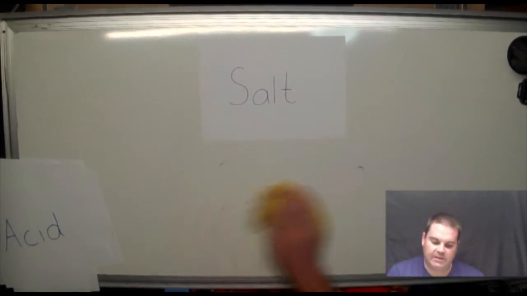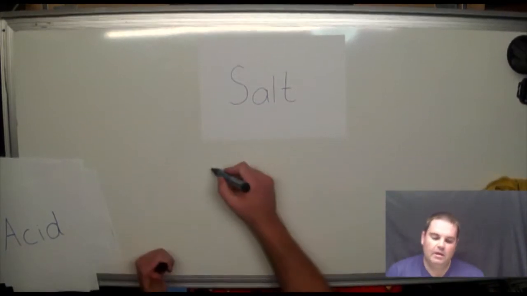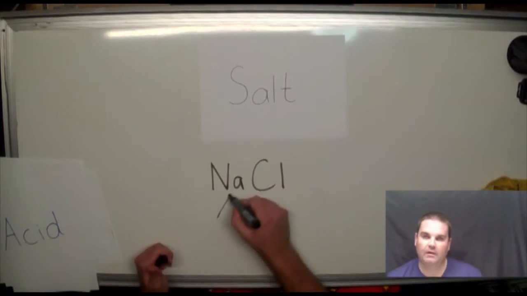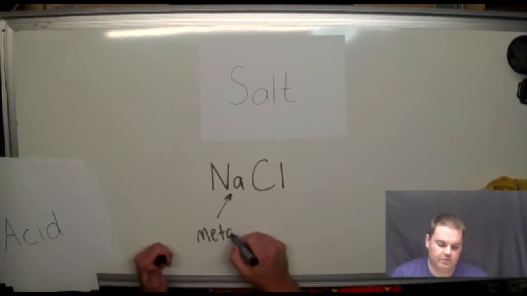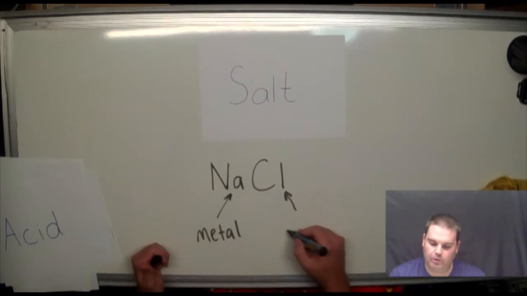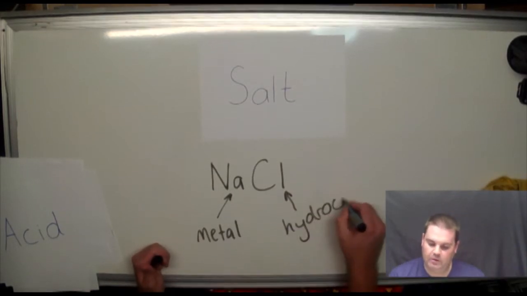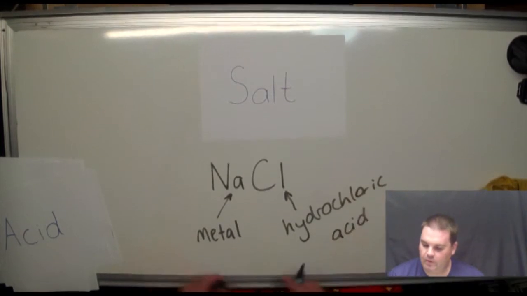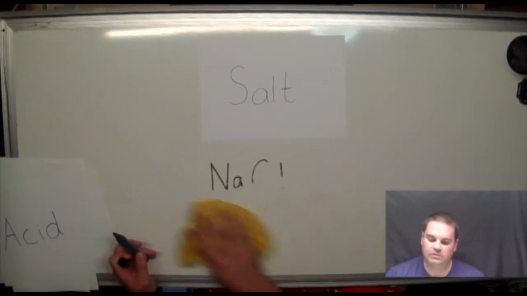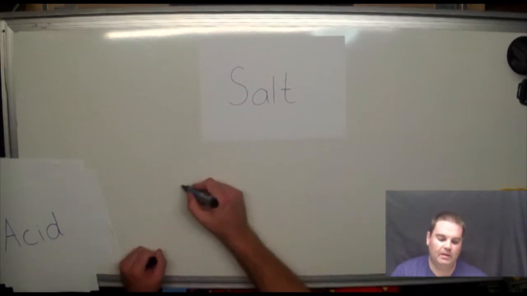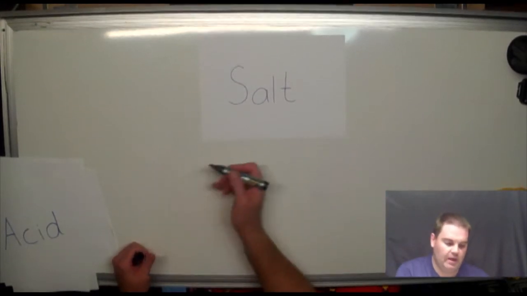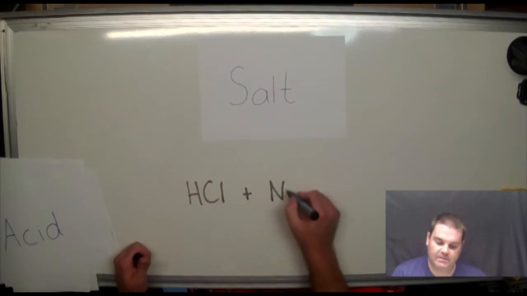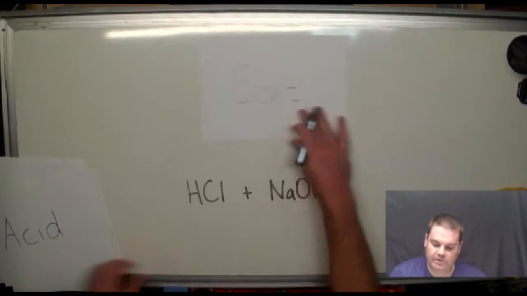So I'll show you some examples of this. The most common one is sodium chloride. You've got the sodium here, which is your metal, and you've got your chlorine there, which comes from hydrochloric acid. So the equation when it forms is our acid, which is hydrochloric acid, plus our base, which is sodium hydroxide.